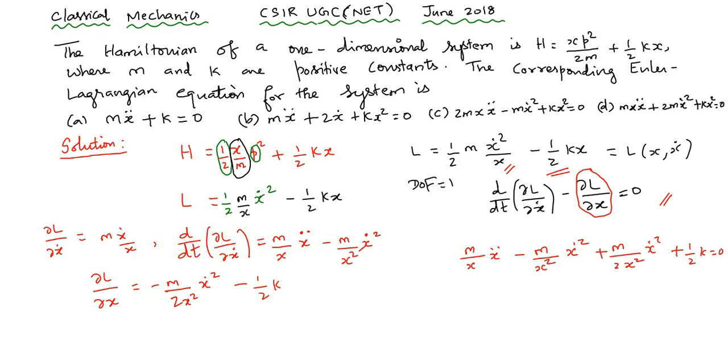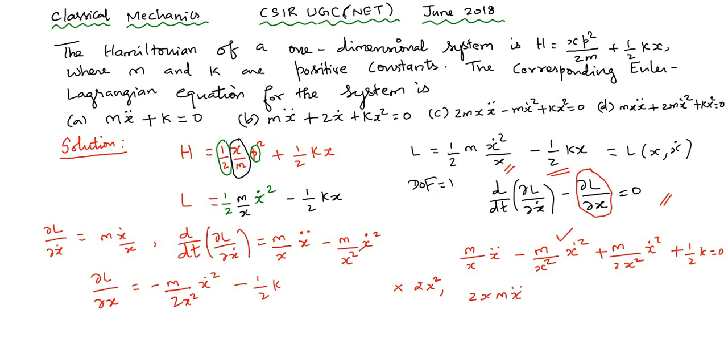If you multiply by 2x square on both sides, because 2 appears in the denominator and x square also appears in the denominator for this term, I want to cancel all the denominators. Therefore, if you multiply by 2x square, there is one x here, so you will get 2x m x double dot. And what about this term?